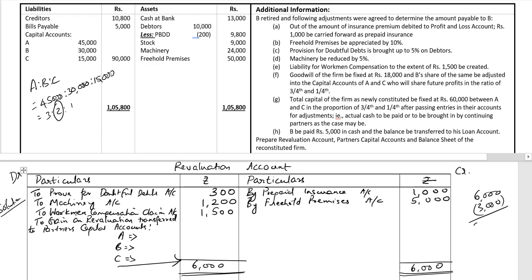So we have a gain of 3,000 rupees, which has to be divided in 3:2:1, the ratio of the capitals. So it's 1,500 against partner A, 1,000 rupees against partner B and 500 rupees against partner C. This is the revaluation account.